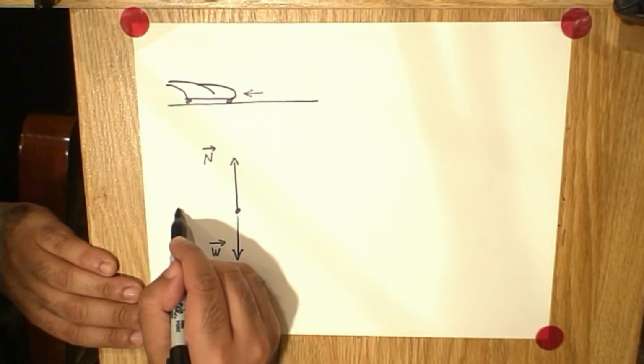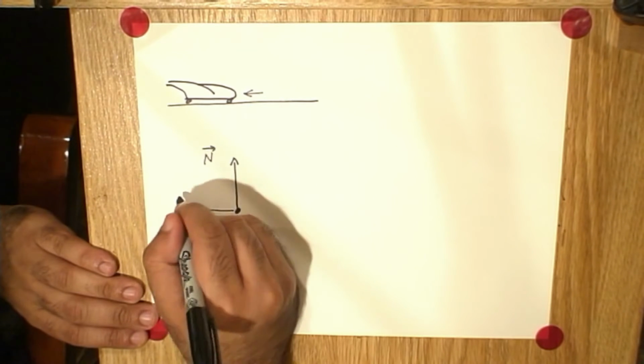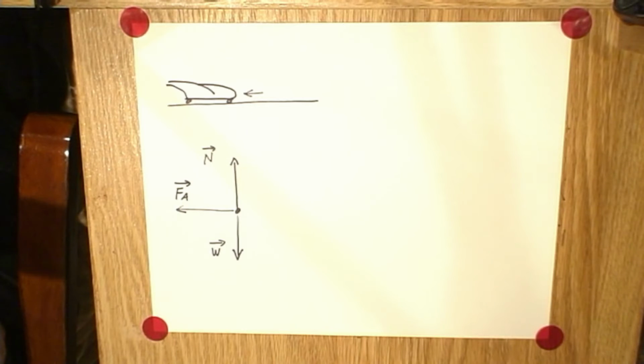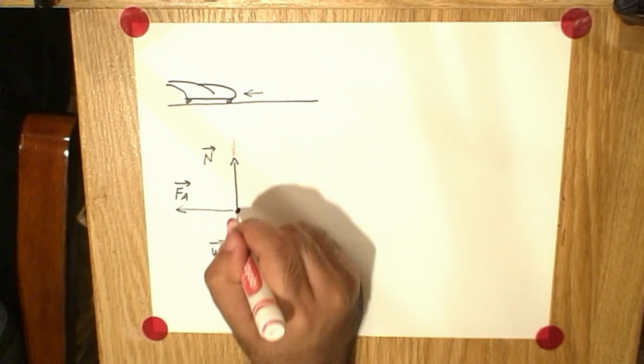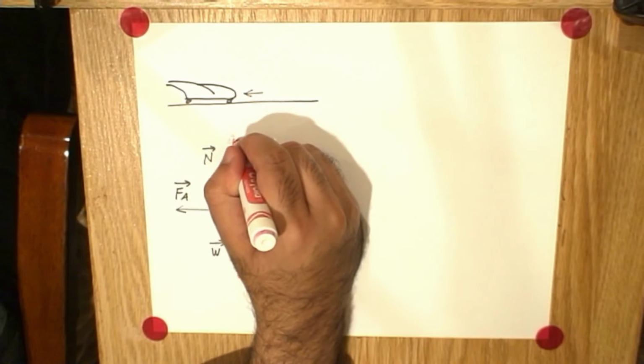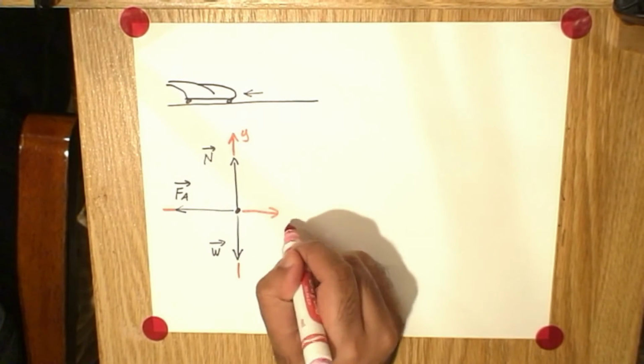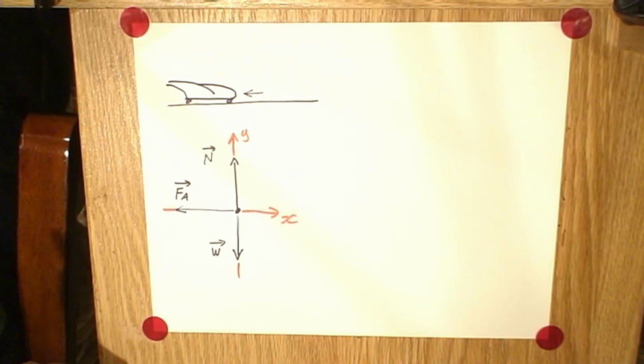So let's call this the applied force, which is pointing backwards, like that. I'm going to set my positive x-axis as being rightwards and my positive y-axis as being upwards.